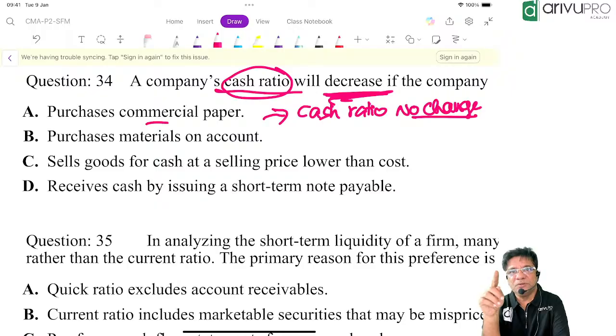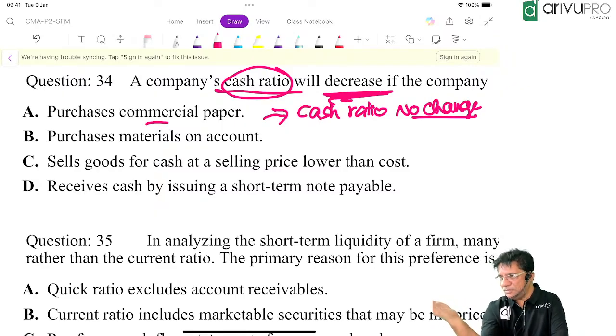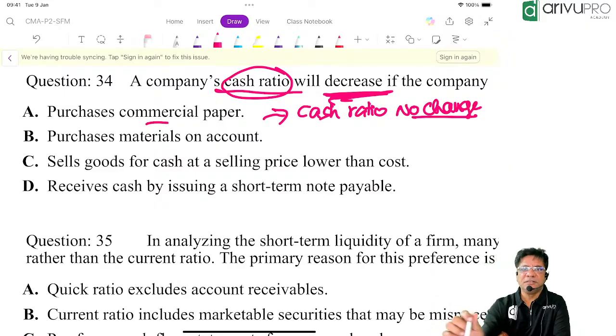Nothing happened to cash, but liabilities increase, so the cash ratio comes down. Denominator increases, cash numerator not affected. Cash plus marketable securities, so the ratio will come down. Answer is B.